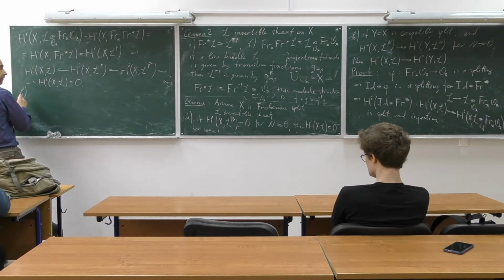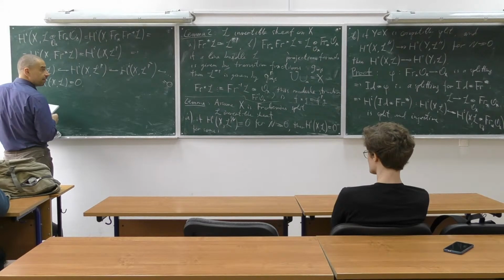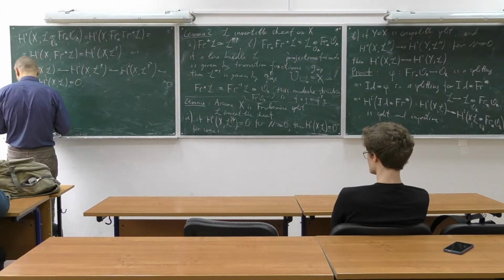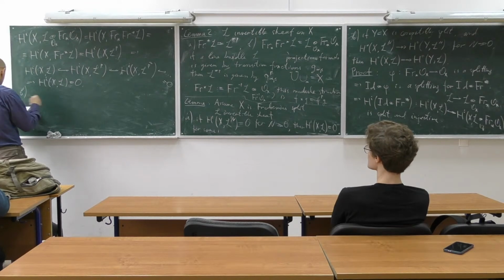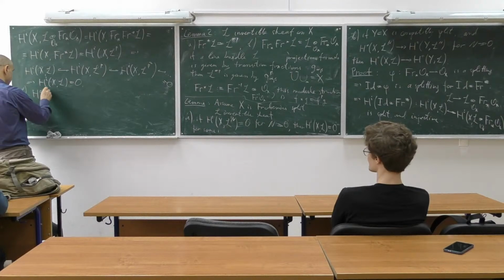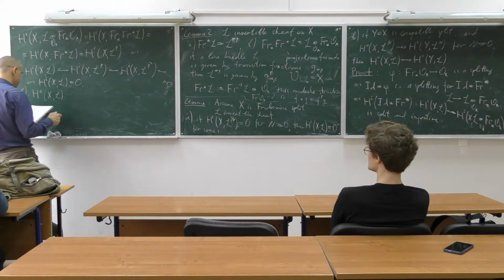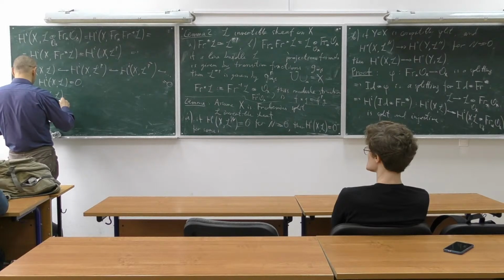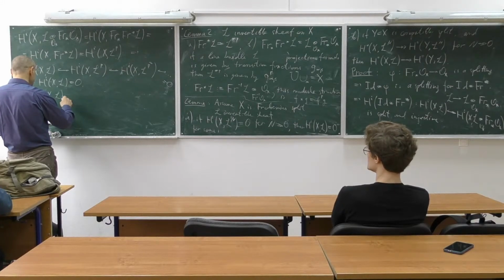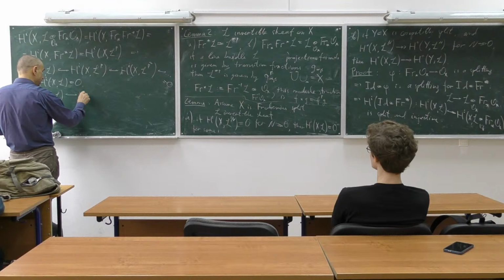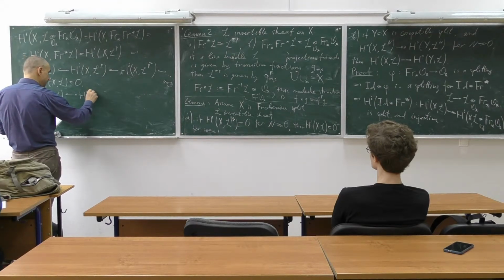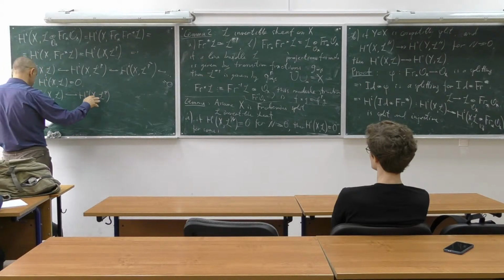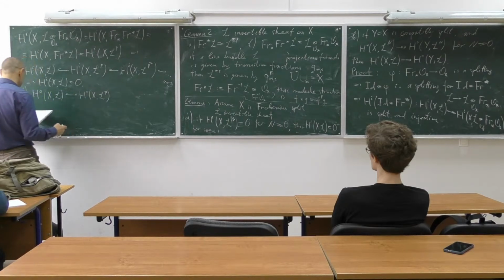Now we have to prove this surjectivity on restriction to Y. So we have global sections of L, and we have an embedding into global sections of L to the power p and to the power p squared and so on.